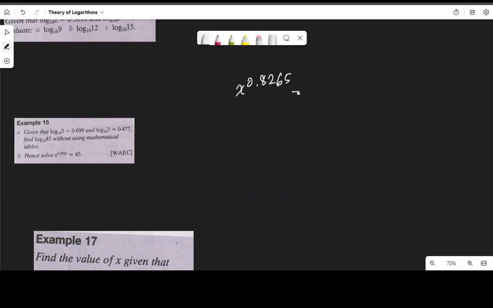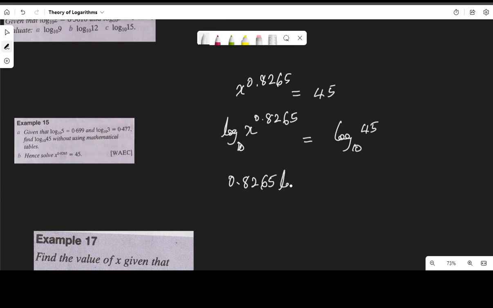The B part of this question says, hence solve x to the power of 0.8265 equal to 45. We take log to base 10 on both sides. So log x to the power 0.8265 to base 10 equals log 45 to base 10. So 0.8265 log x to base 10 is equal to log 45 to base 10.